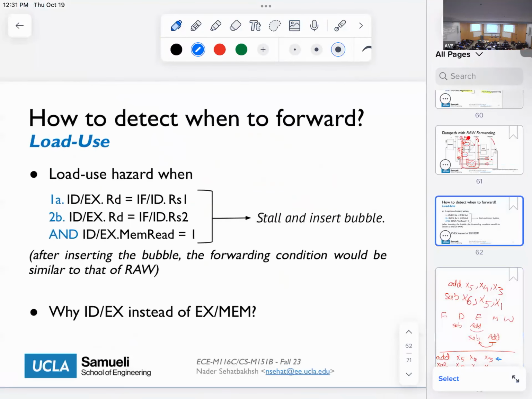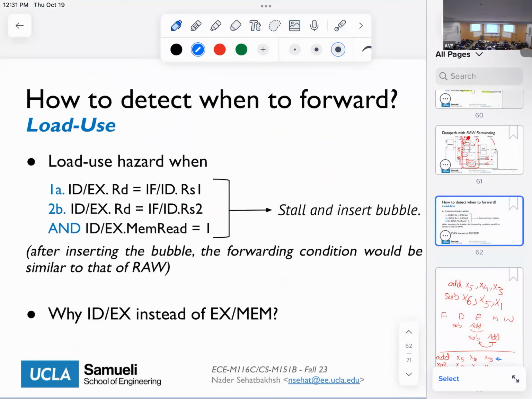So what do we do for the load use? For the load use, we are checking basically whether the destination registers of ID/EX and IF/ID are the same. In this case, I need to stall for one cycle, and then I need to forward in the next cycle. Okay, and I'm going to let you think about why this is ID/EX and not EX/MEM.